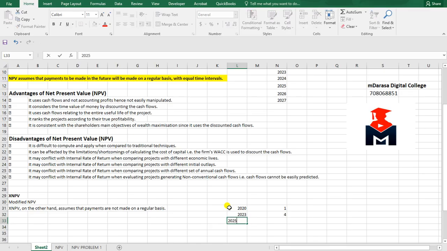You see, this period is not regular. For a regular period, we're talking of 2021, 2022, 2023. This is a regular period. This is an irregular period.